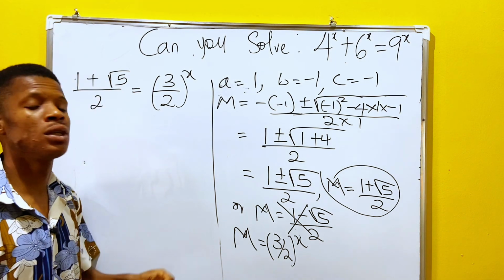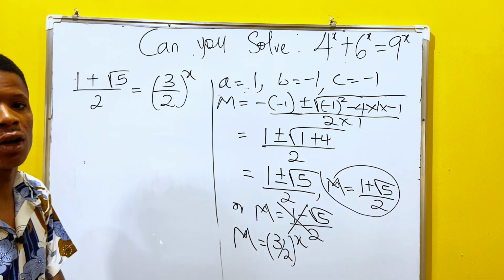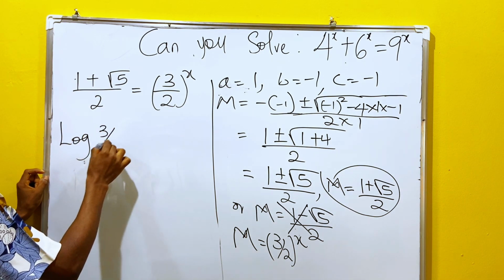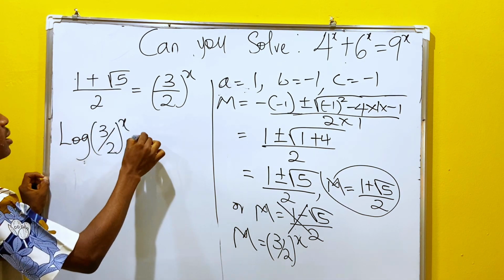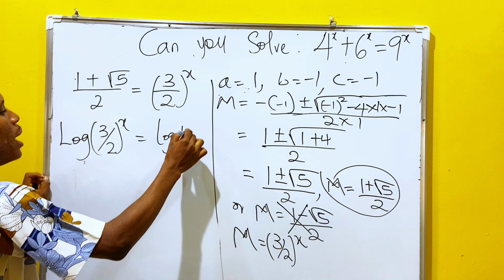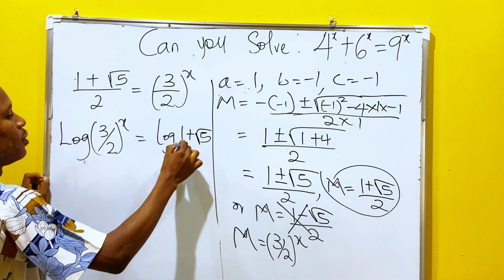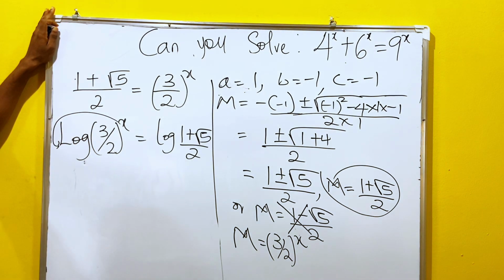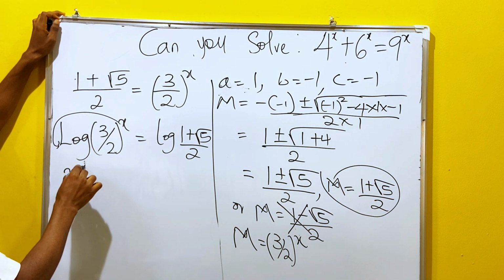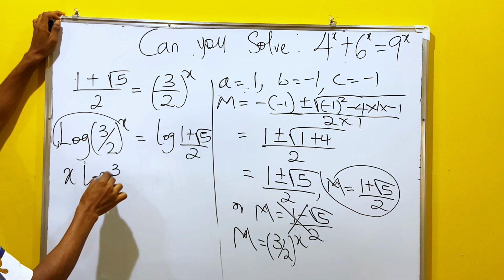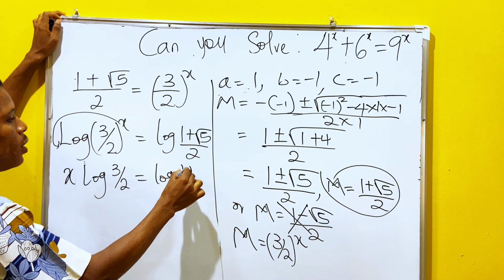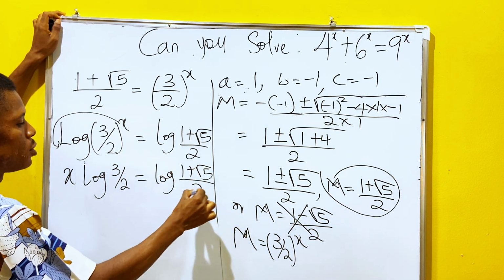So for us to get the value of x, we simply take the log of both sides. That means log of 3 over 2 power x is equal to log of 1 plus root 5 over 2. Okay? The logarithm allows us to multiply the power to the log. We have it that x log 3 over 2 is equal to log 1 plus root 5 over 2.